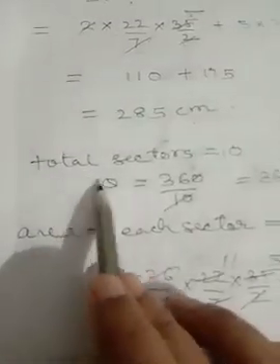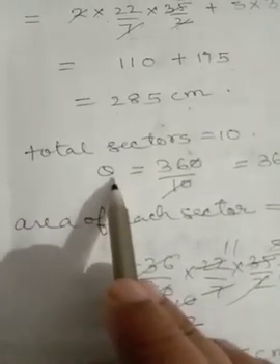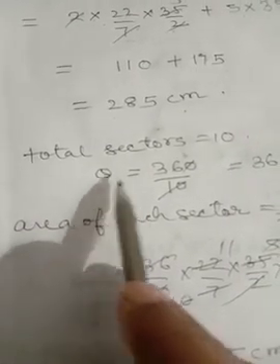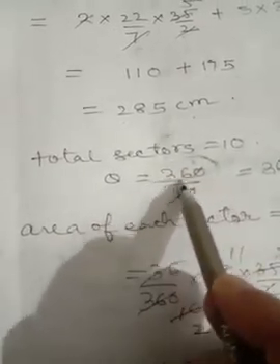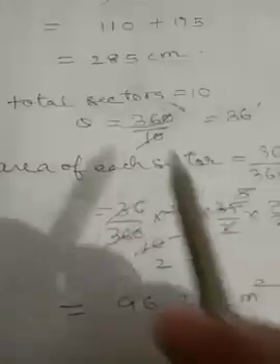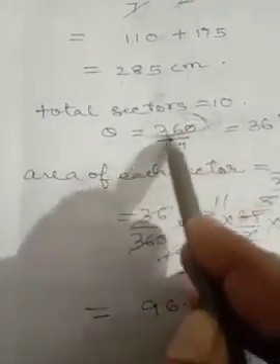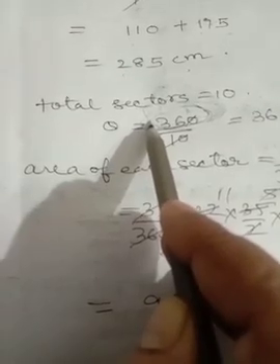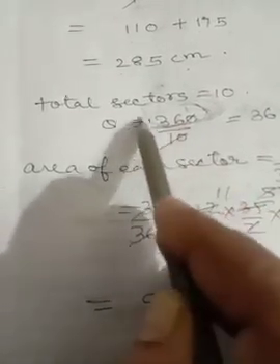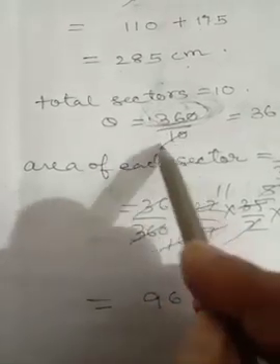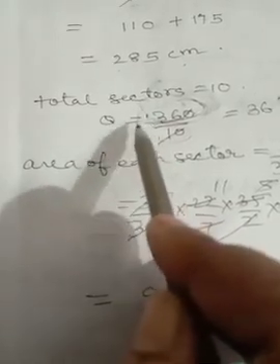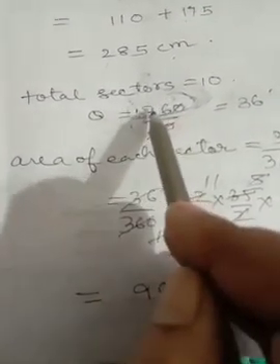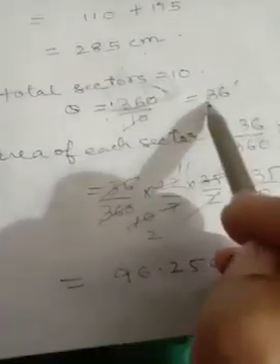Write down the total number of sectors is 10, and then theta will be equal to, we know the total angle of the circle is 360 degree. 360 degree is the total angle of the circle, and the total number of sectors is 10. Then theta of the sector is equal to 360 degree by 10, that is equal to 36 degree. So theta will be 36 degree.